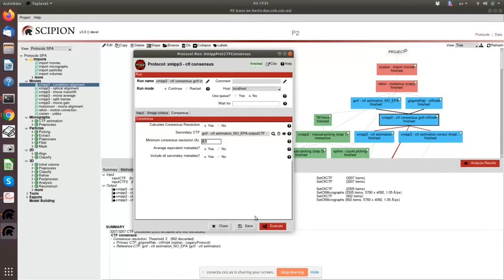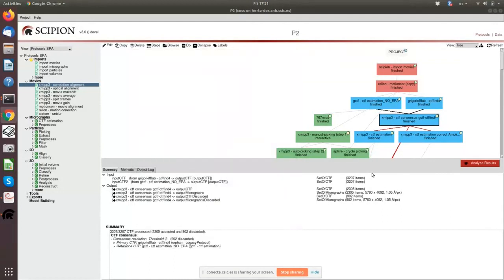And then what we see here is that only 2/3 of the micrographs can be estimated so accurately. Doesn't mean that the other third are not good micrographs. It means that I cannot trust what the defocus parameter is.